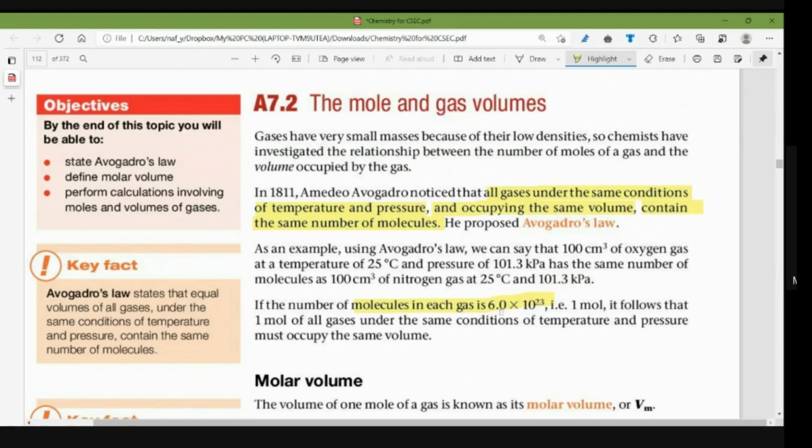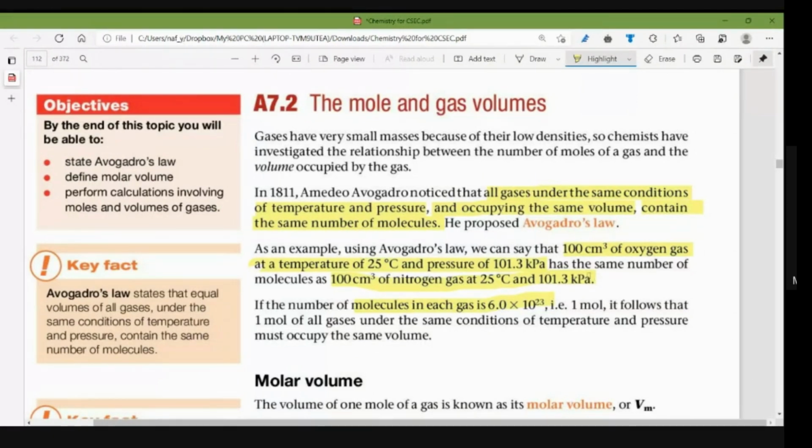If we had 100 cm cubed of oxygen gas at a temperature of 25 degrees Celsius and a pressure of 101.3 kilopascals, it will have the same number of particles as 100 cm cubed of nitrogen at the same temperature and pressure.